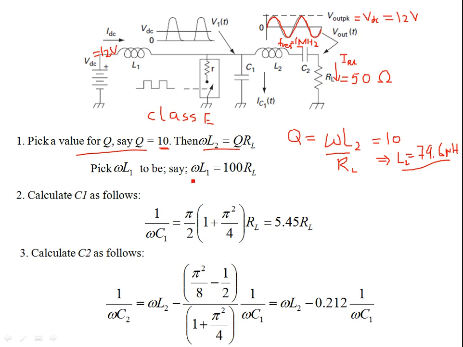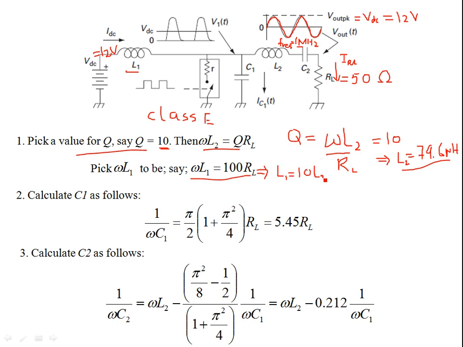Now for the RF choke, where is the RF choke? You see over here, this RF choke has a large inductance. So what this expression says is that we are looking for a choke with an inductance L1 that is 10 times L2.